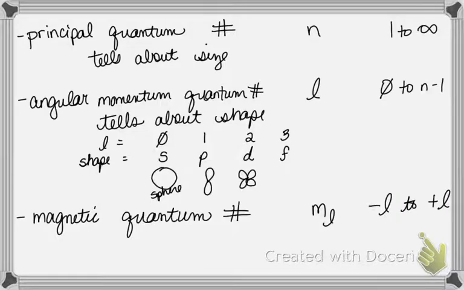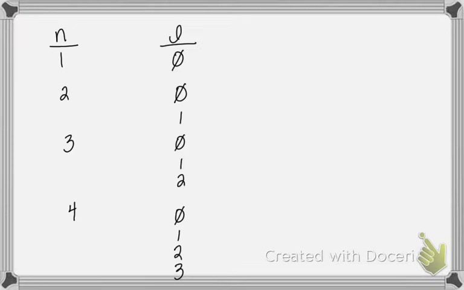So if we go to our table that we're working on, again, we said ML is from negative L up to positive L, and it includes 0. So if L is 0, ML can only be 0. Because negative L, positive L, including 0, well, L's only 0.